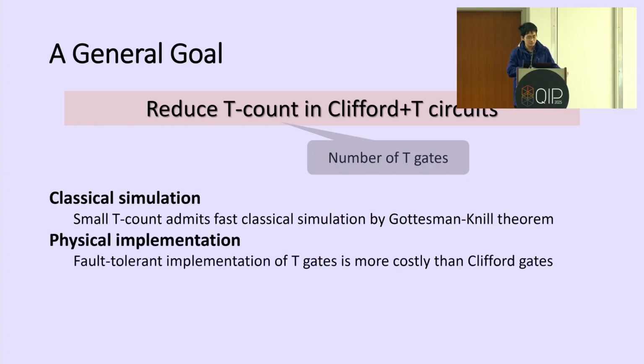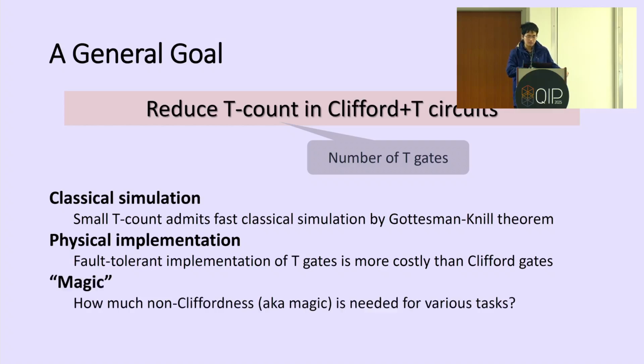And secondly, in the physical implementation, the fault-tolerant implementation of T gates is more expensive than Clifford gates. Although in the next talk, I suppose Craig is going to subvert this claim, but let's stick to this for now and leave questions for him. Okay, the third one comes from magic.